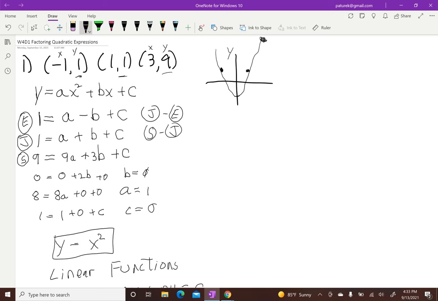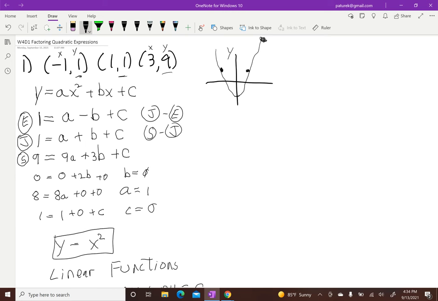They both have the same value of y when they're both 1 unit away from the y-axis, either left or right. So therefore, the line of symmetry, the axis of symmetry for this parabola, is the y-axis. What I didn't know with those 2 dots is whether the parabola is opening up or down.